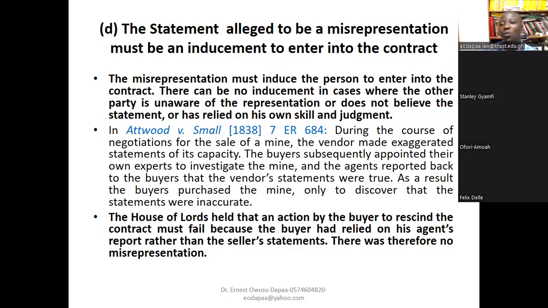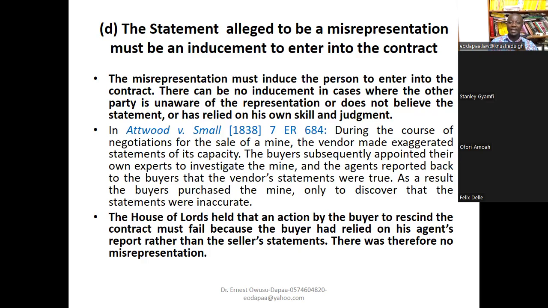Or where a statement of fact is made, but you choose to do your own independent investigation so that you don't rely on the statement of fact, which subsequently becomes false, you cannot complain about misrepresentation.